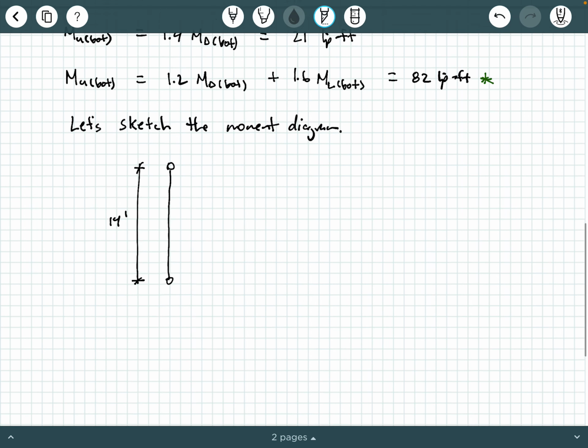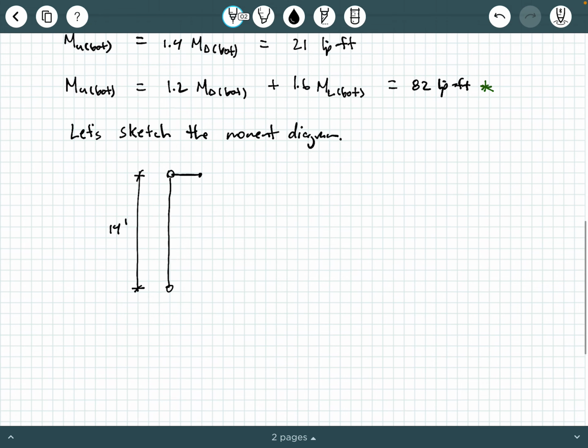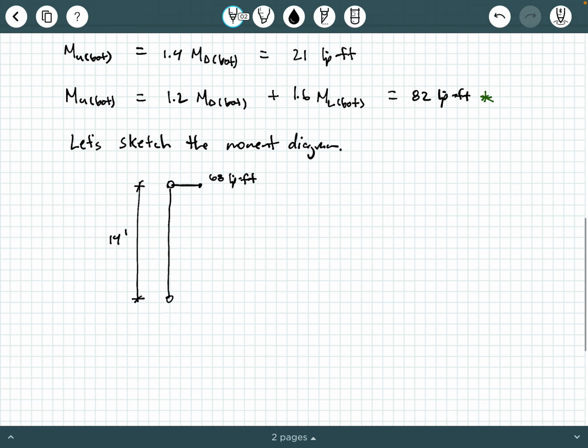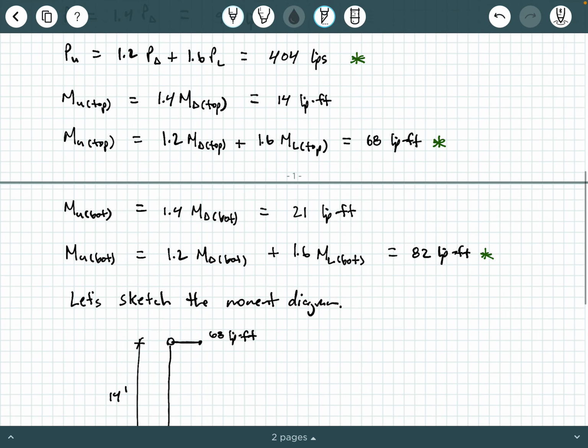So let's go ahead and sketch this moment diagram. That means the moment diagram is going to be all on one side of our axis. You can think of it as all either positive or all negative. So our moment diagram is going to increase up to 68 kip feet, right? That's this top moment right here.